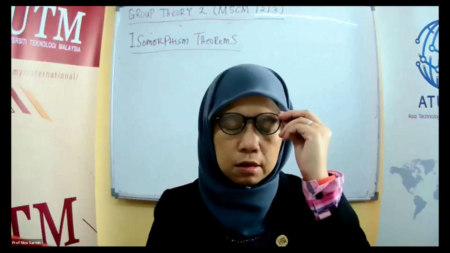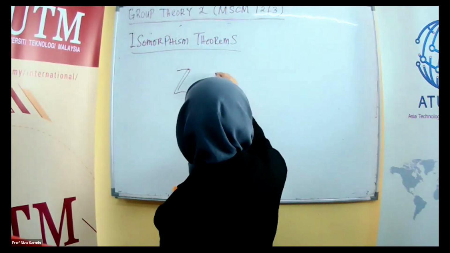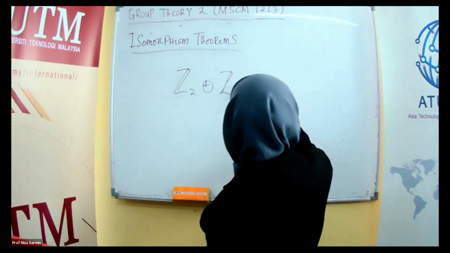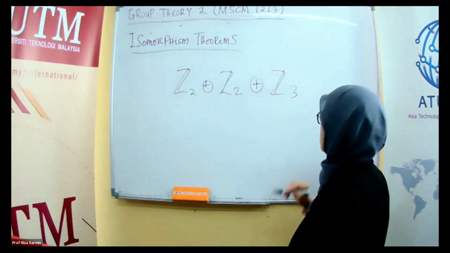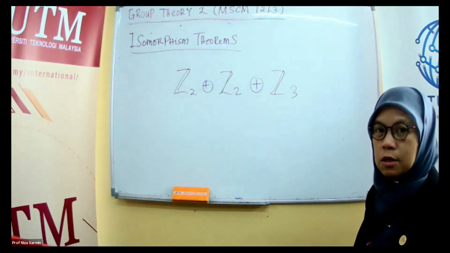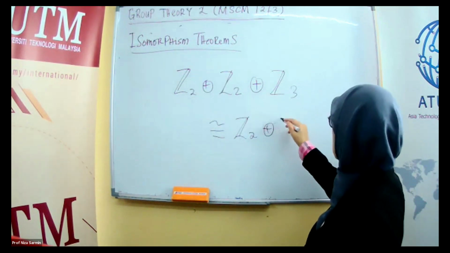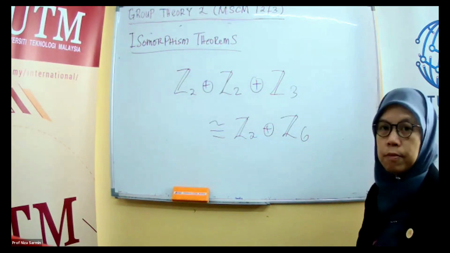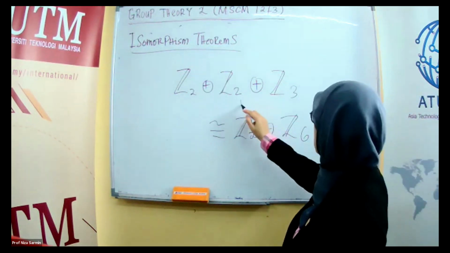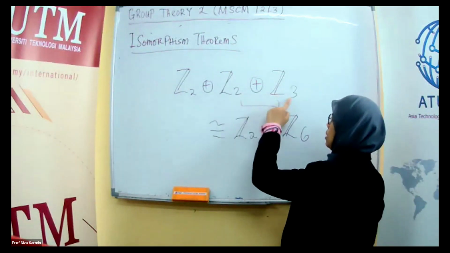Okay, now we have so many algebraic structures. You remember, if something like this is of order 12, we know it's not cyclic, but this is isomorphic to this, because both are cyclic and they are relatively prime.